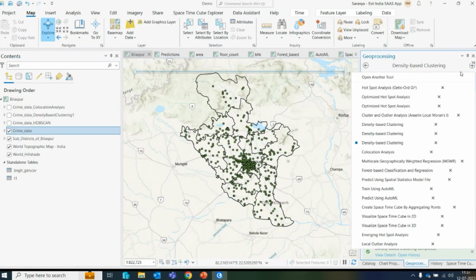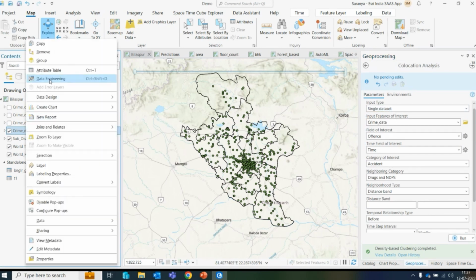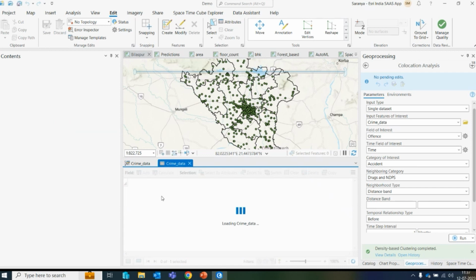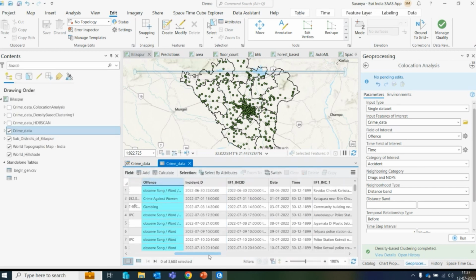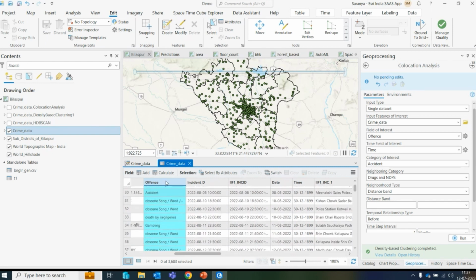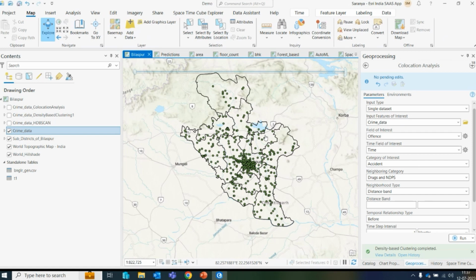And I also have information about offense. So if you check what all the fields I have here, you can see that I have a field called offense, which you can open and see whether it is gambling or theft. I have information about the crimes and also the type of crimes.